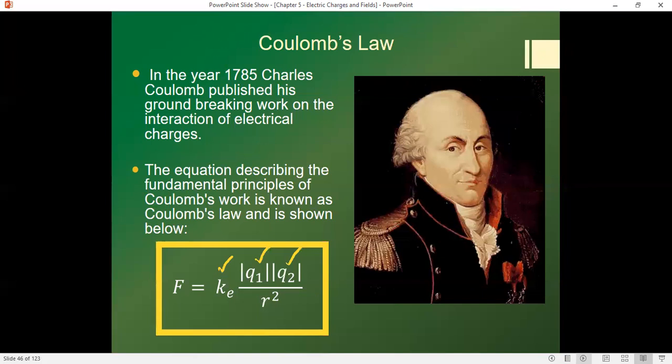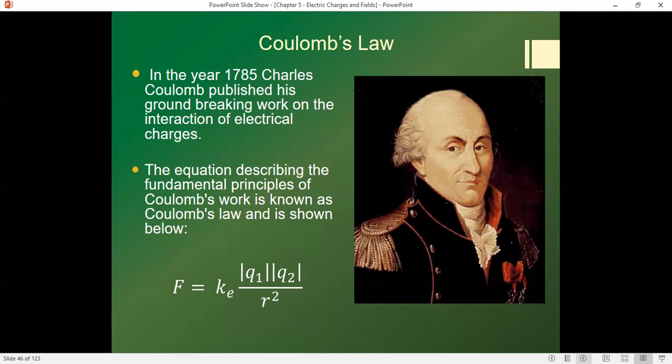For Newton's law of gravity, it was the masses of the objects that were proportional to the force. Here it's the product of the charges. And of course, there was the inverse square relationship between the force and the distance. So again, a lot of similarities between the gravitational force and the electric force.